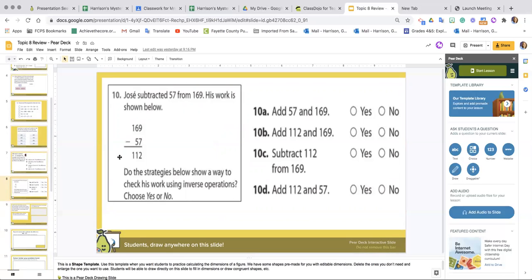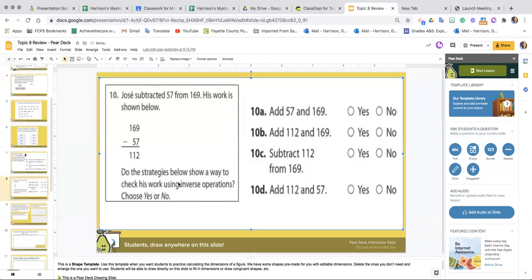On this one, it's about inverse operations again, and there are actually two answers over here that are correct. So I guess maybe only one correct answer if we're saying inverse operations.